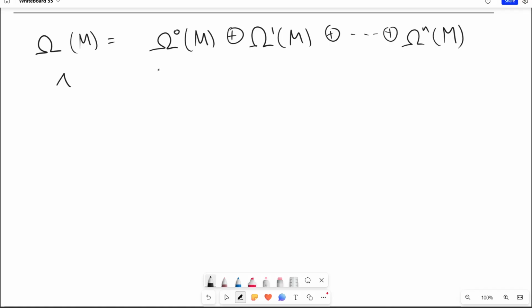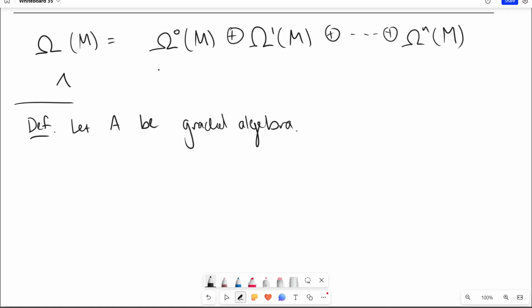But we should take an aside to talk about differentials or derivations. So I'm going to define for you a graded derivation. So let A be a graded algebra. Maybe, we're doing the real numbers, a graded R algebra.